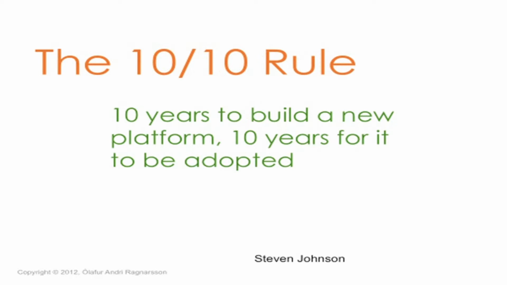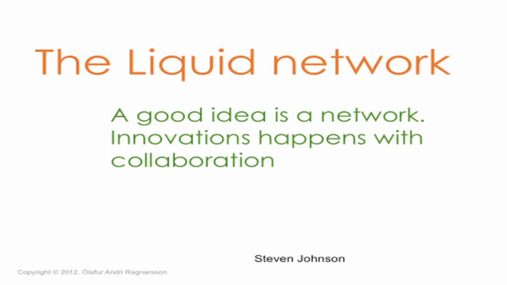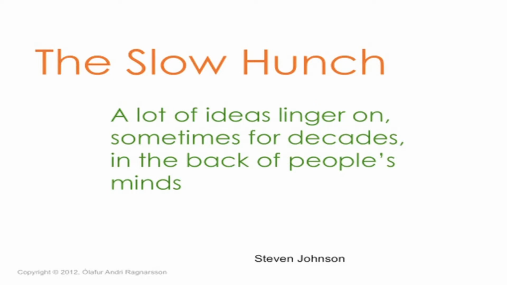We also talked that if you are seeing something new, it probably has been in the lab for some time. Remember the long nose. We also talked about the liquid network, that when ideas come together, different minds come together, some innovation happens. But it's also built on slow hunches. It's not the eureka moment. More often it's something that people are thinking about for a long time.